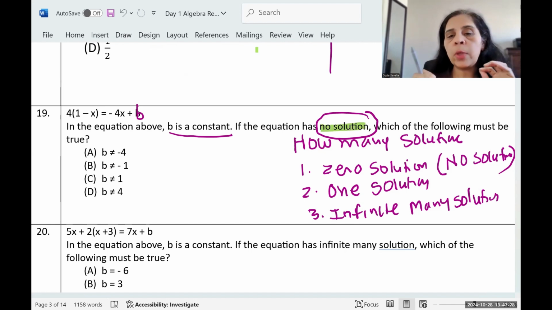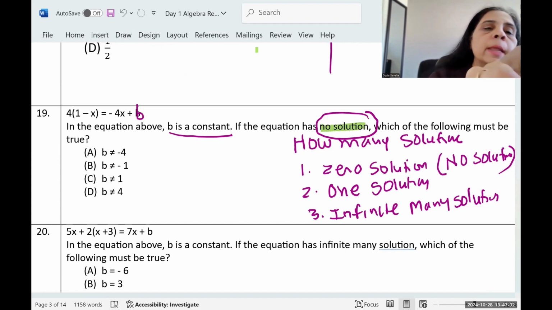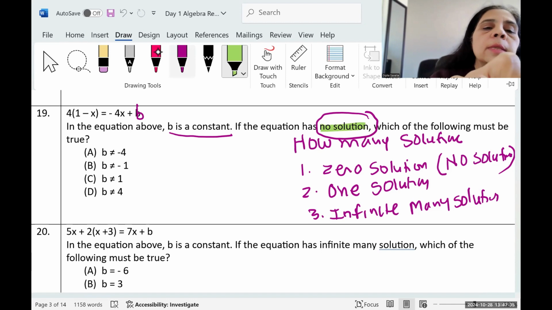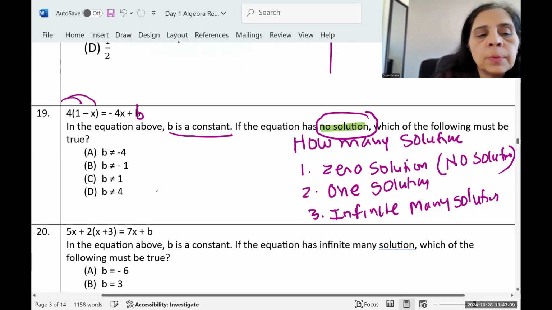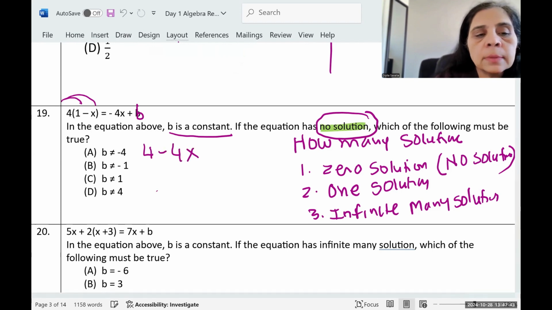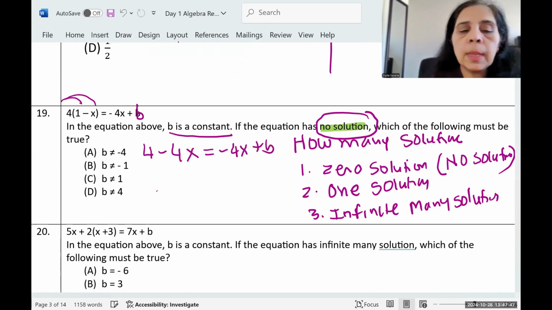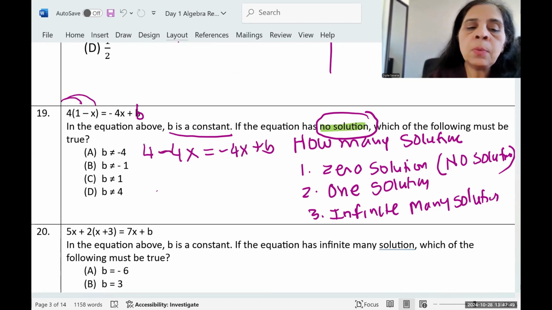If we have the variable coefficient the same on both sides, let me show you. We can use the distributive property. So 4 minus 4x equals negative 4x plus b. We can see negative 4x is the same on both sides. So 4 equals b, right?